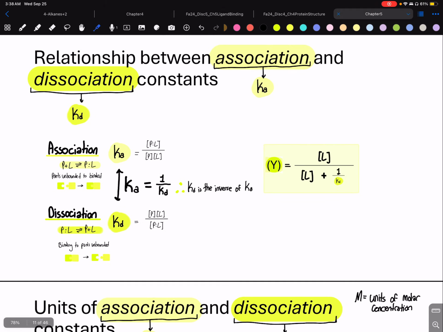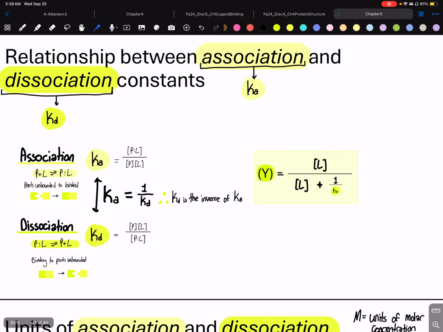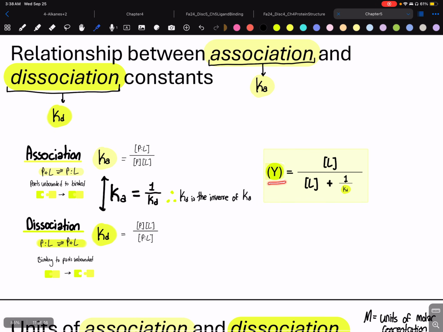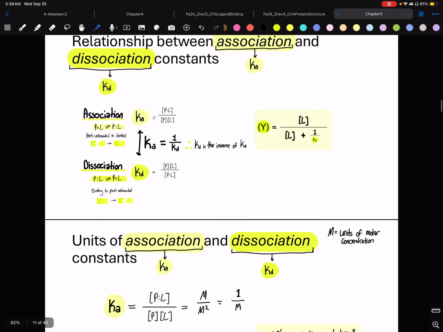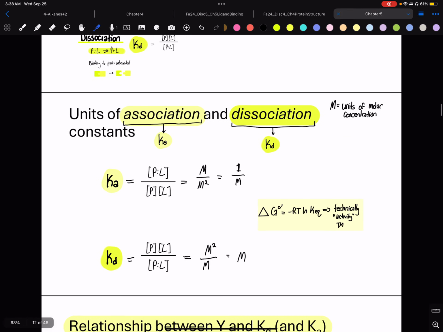So here the Y value would change to be the ligand concentration over the ligand concentration plus 1 over Kd. So basically the inverse of this, which is just Ka. So the units of association and dissociation are slightly different.